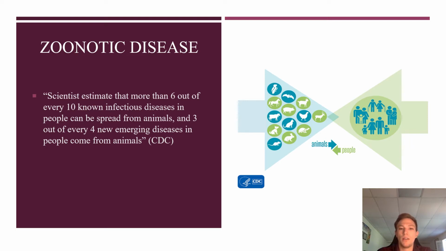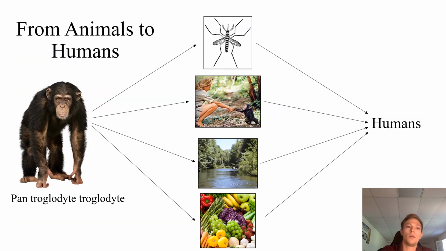So how exactly does zoonotic disease, in this case HIV, transfer from animals to humans? So discussing transmission, specifically from the Pan troglodytes troglodytes, also referred to as the common chimpanzee from Central Africa, has been determined over years of research to be the origin of HIV in the form of SIV.